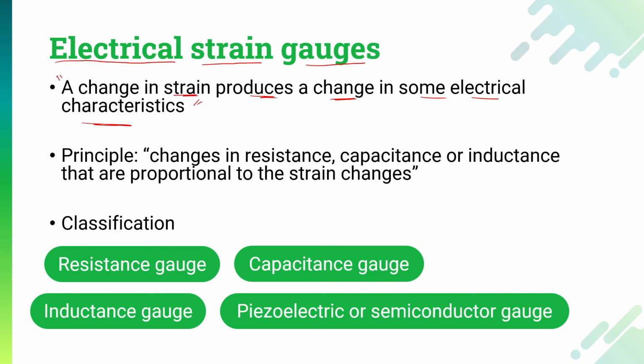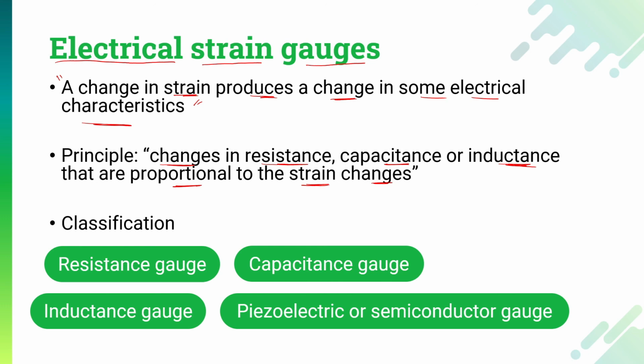A change in strain creates changes in the resistance, capacitance or inductance of that particular material, which is directly proportional to the change in strain. So this is the basic principle.